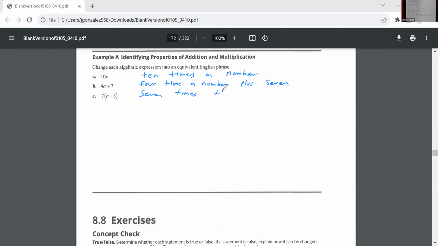Times the difference. Any issues with the translations? Does that make sense? Beth?